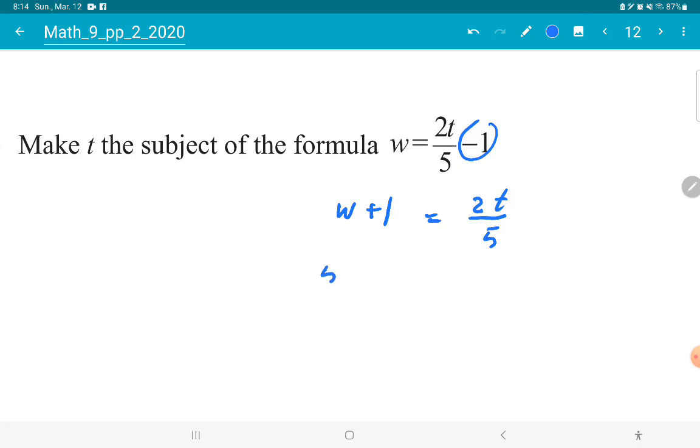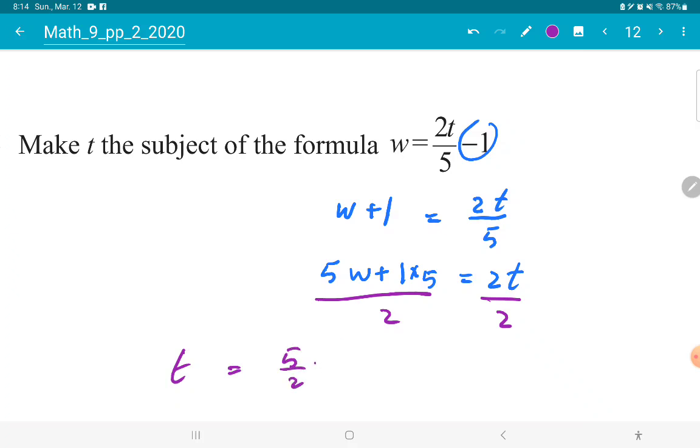So 5 times (W plus 1) equals 2T. Okay, and last, get rid of this 2 by dividing both sides by 2. So T equals 5 over 2 W plus 5 over 2. That's it.